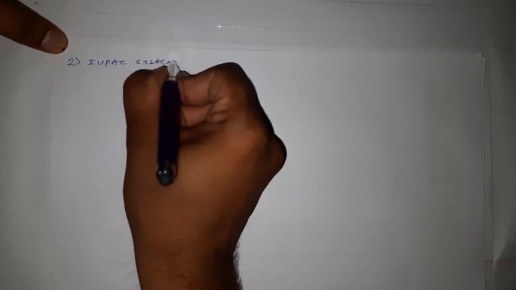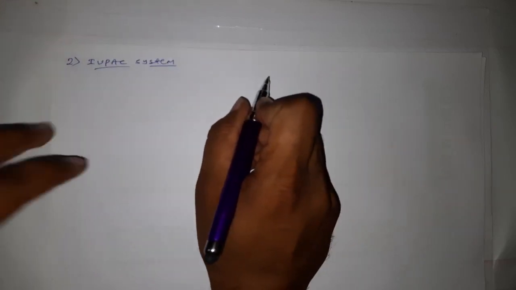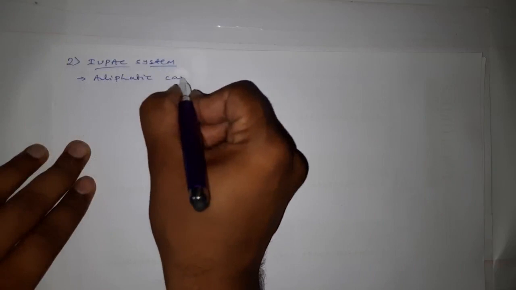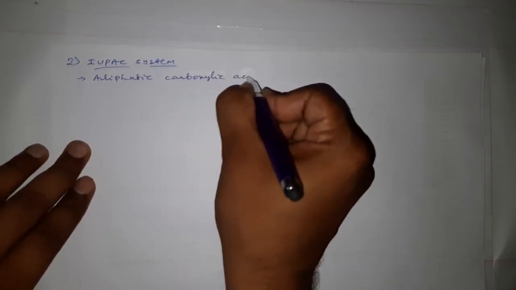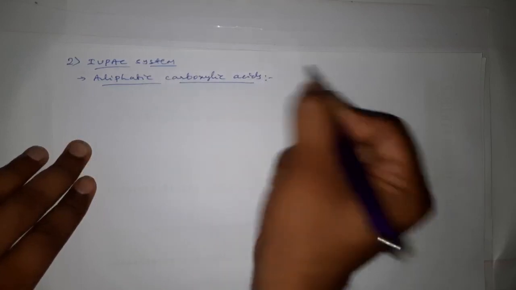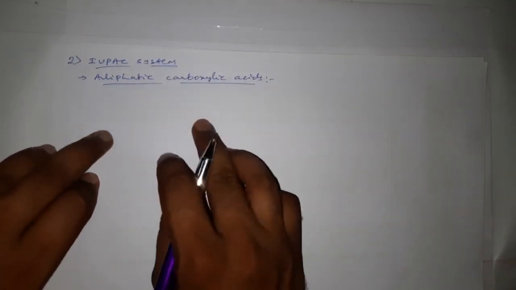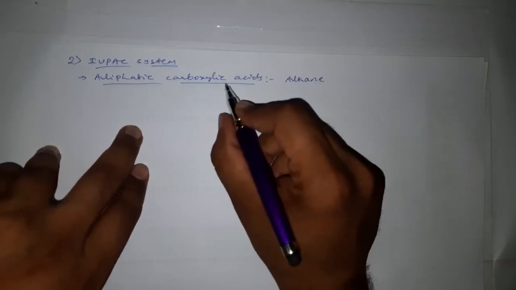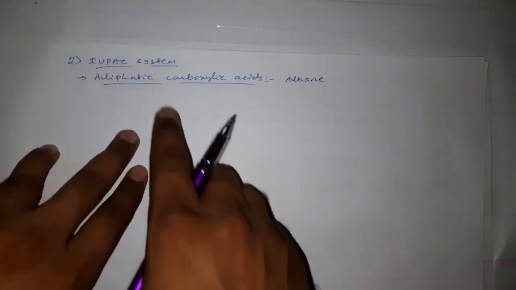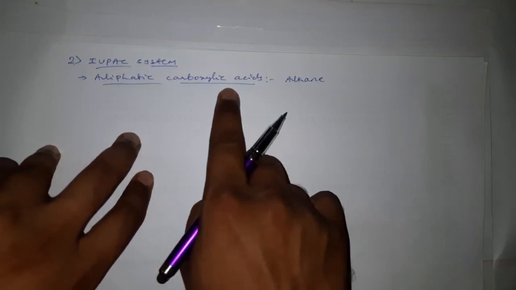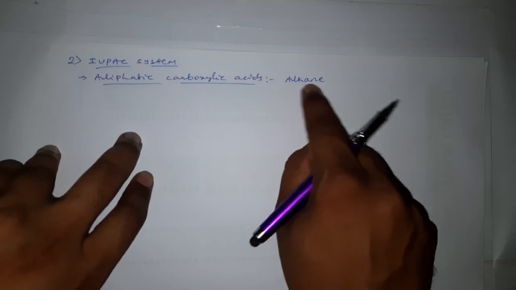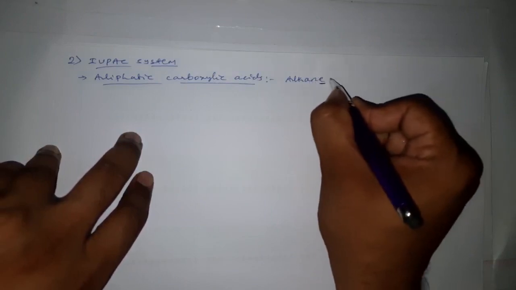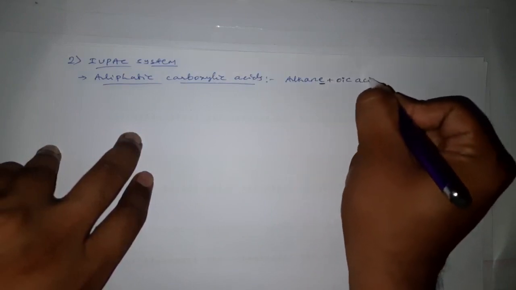IUPAC system of nomenclature. And here, if aliphatic carboxylic acids are there, then their IUPAC names can be derived from the names of the alkane from which they are derived, by replacing the E of the alkane with OIC acid.